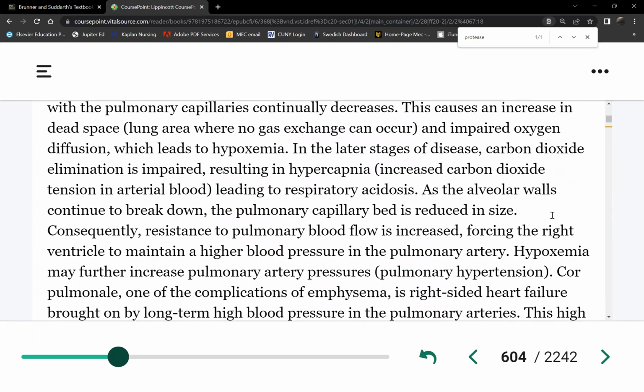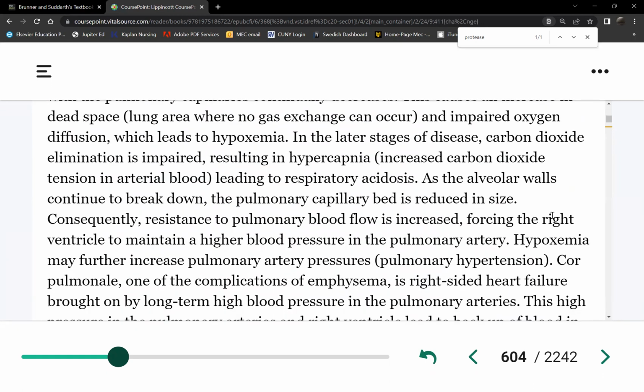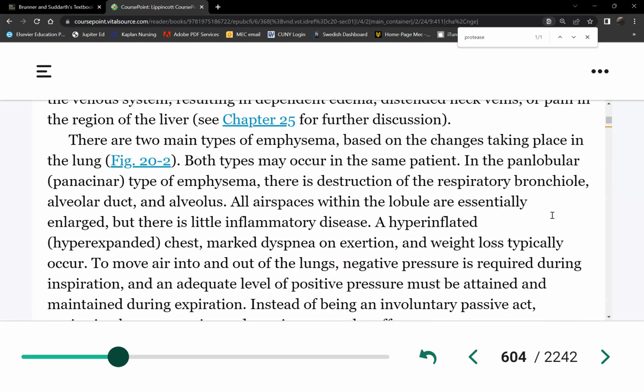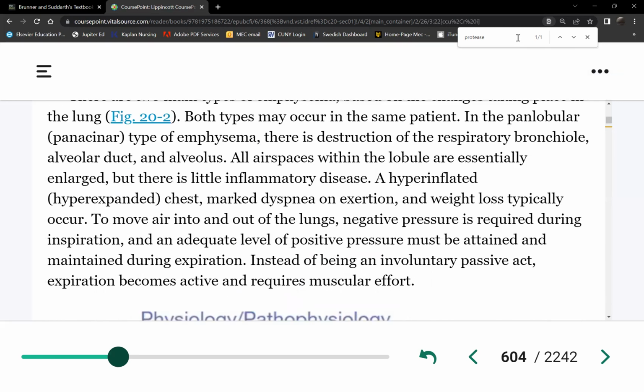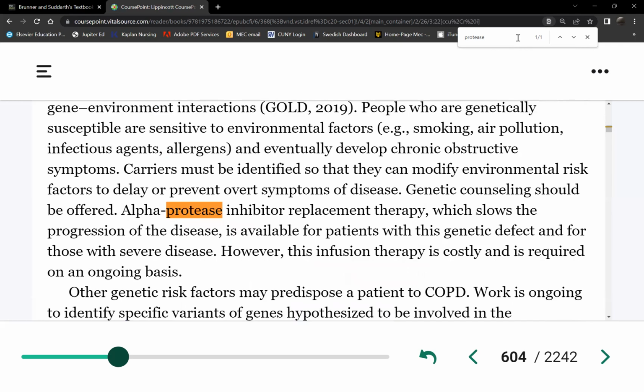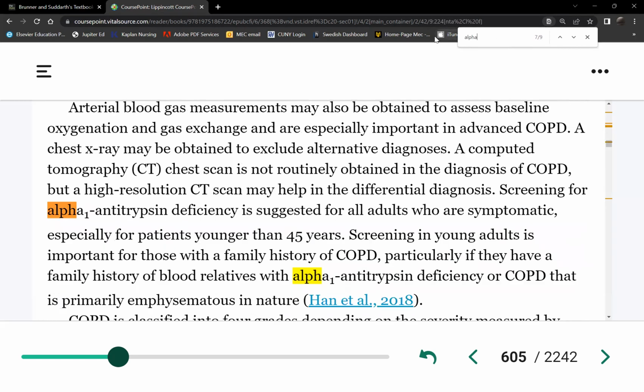There's a small population wherein, as I mentioned earlier, alpha-1 antitrypsin... Now, what is alpha-1 antitrypsin? This is another enzyme used to break down or destroy protease.